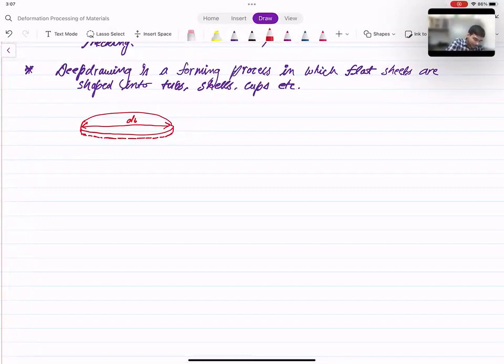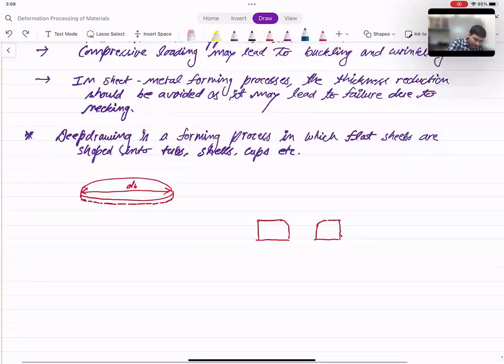So there will be some dies like this. And upon these dies, the blank will be put. Let me change the color here for better visibility.